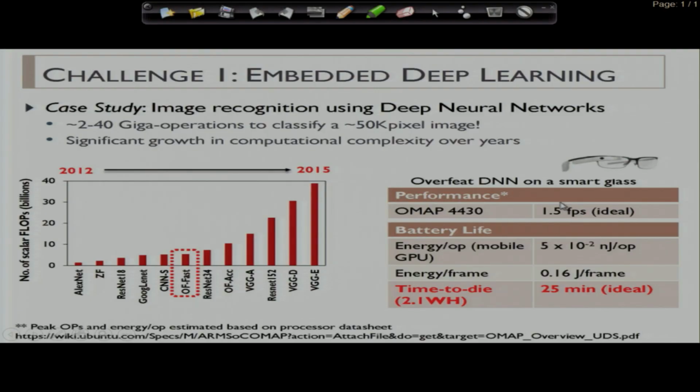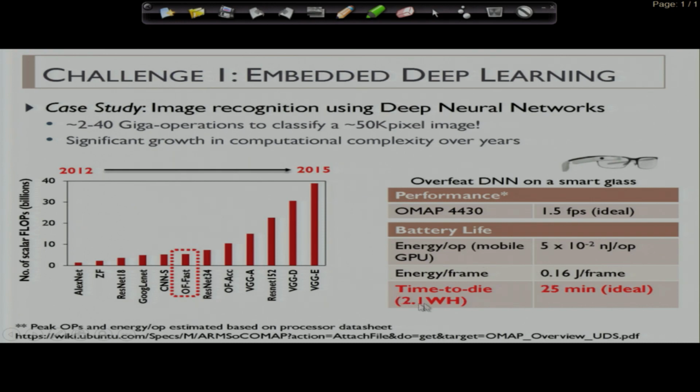So, the major challenge is battery life, which requires a very small amount of energy, 5 × 10^-2 nanojoule per operation in a mobile GPU.